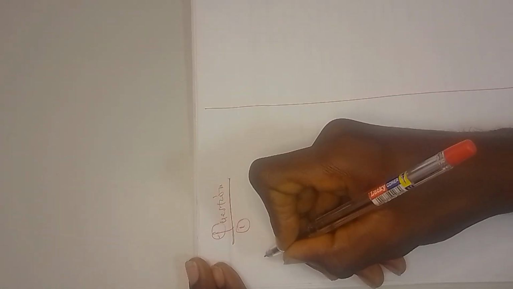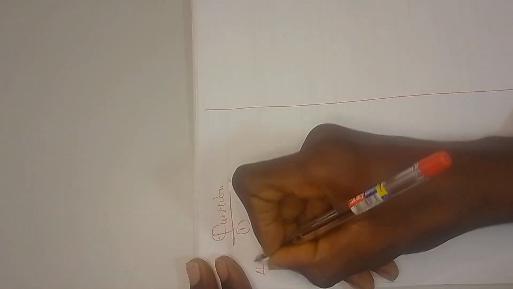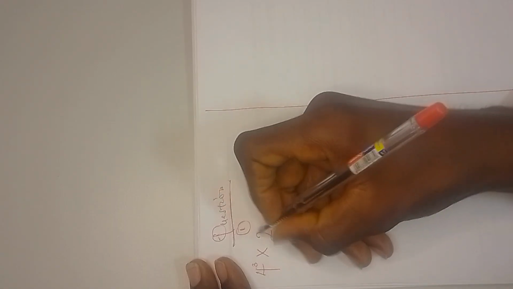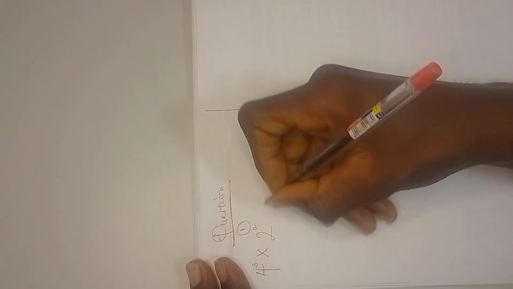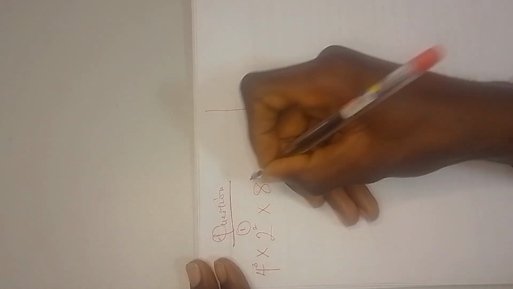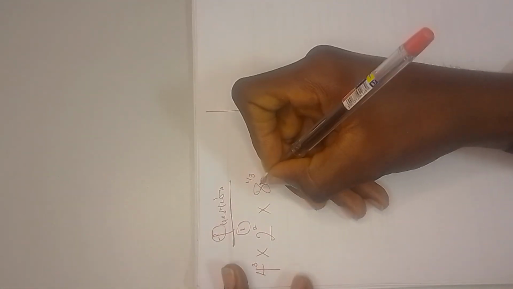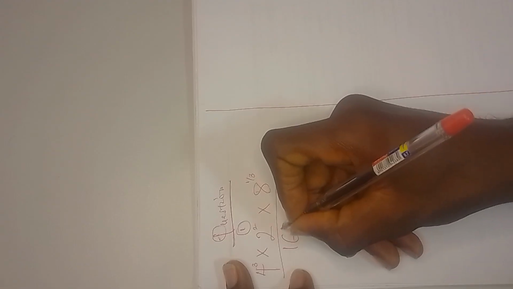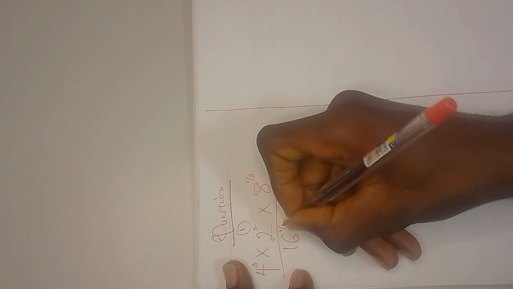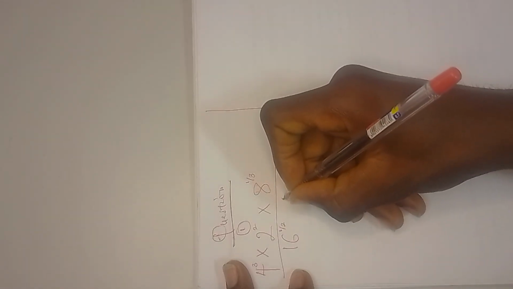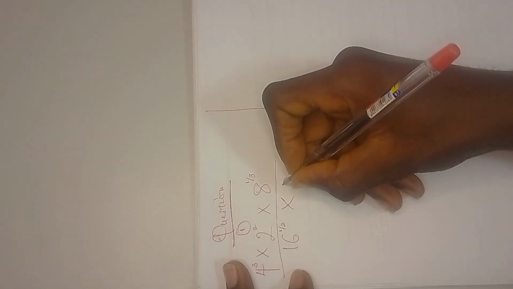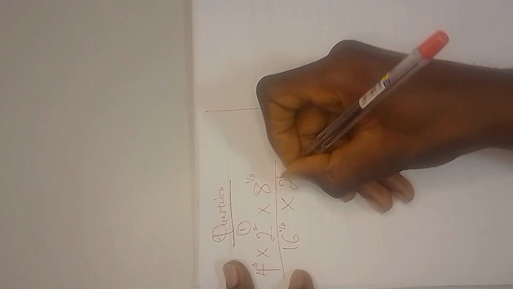Number 1: 4 raised to the power of 3 times 2 raised to the power of 2 multiplied by 8 raised to the power of 1 over 3, all over 16 raised to the power of 1 over 2, then times, let me say, times 2 raised to the power of 0.